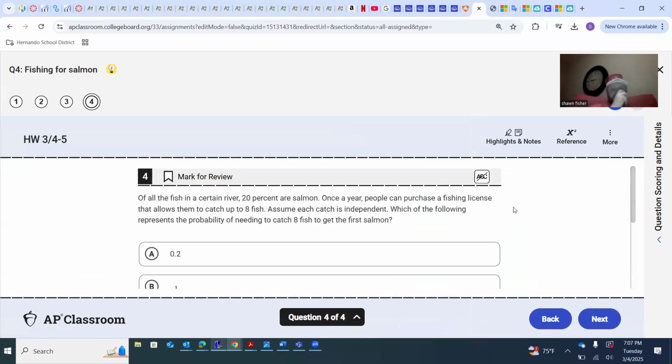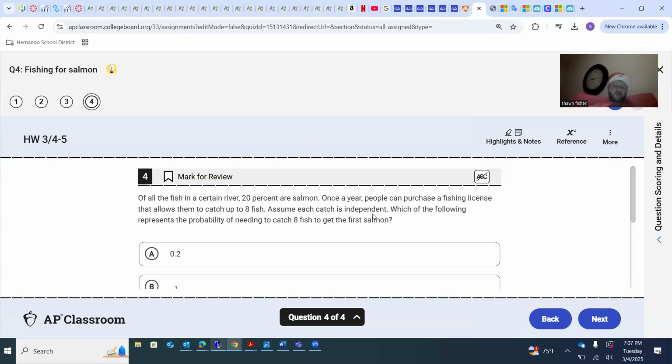Of all the fish in a certain river, 20% are salmon. Once a year, a fishing license allows them to catch up to 8 fish. Assume each catch is independent. Which of the following gives the probability of needing to catch 8 fish to get the first salmon?